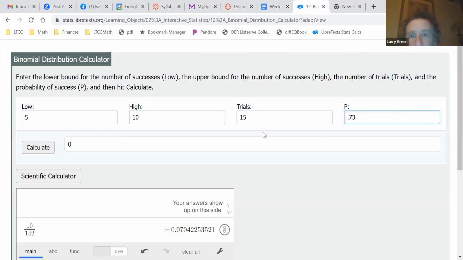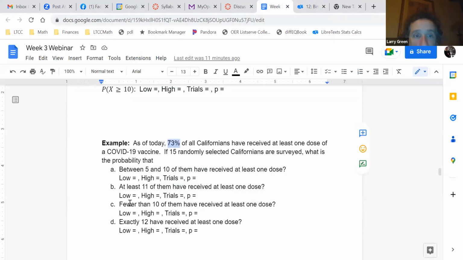Any questions on that? And calculate. So there's about a 38% chance. Okay, so the answer is 38% chance that between 5 and 10 of these 15 people have been vaccinated. Any questions on that?